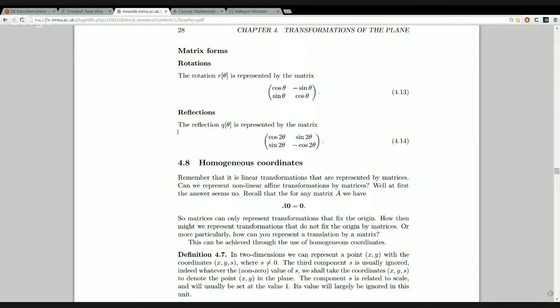So we just want to analyze this now and see if we can figure out where the center is. So really, we're just looking for the center of rotation of this composition. So this is further problems number 1.